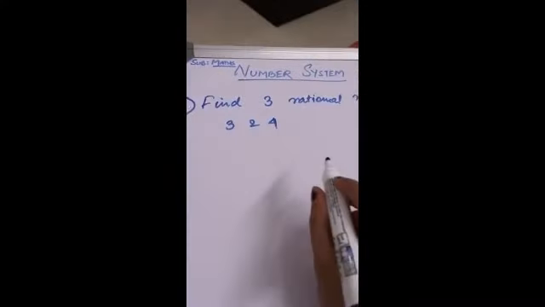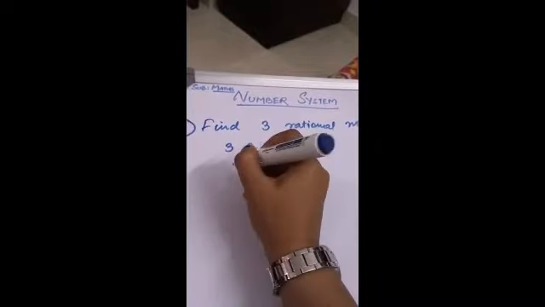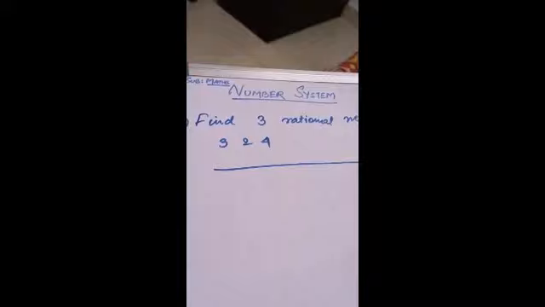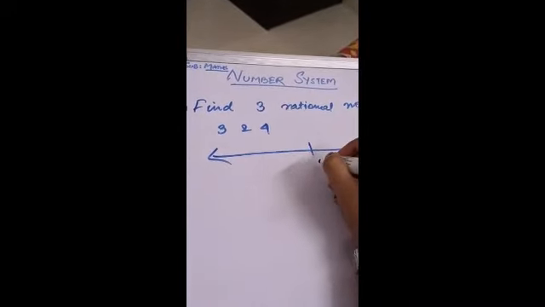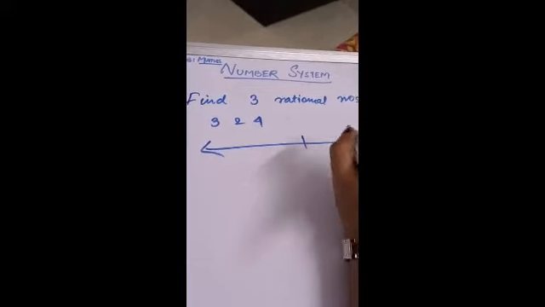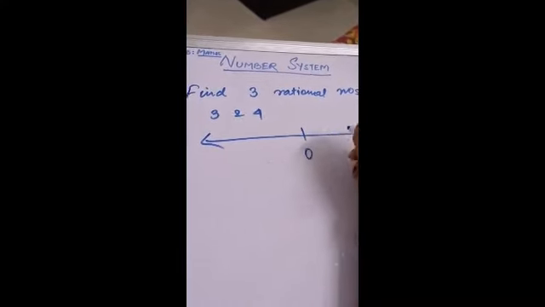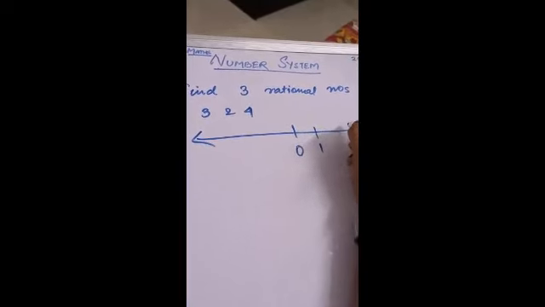Now if the question comes, find 3 rational numbers in between 3 and 4. Now see, there can be huge number of rational numbers between 2 positive numbers or negative numbers. I mean 2 integers.